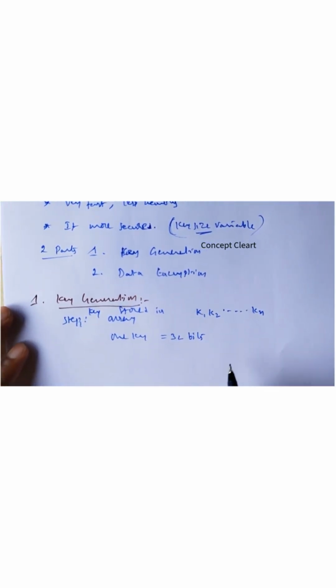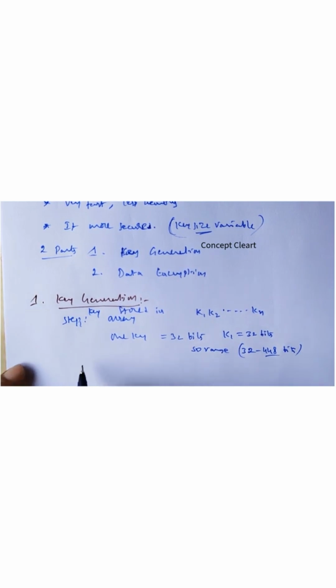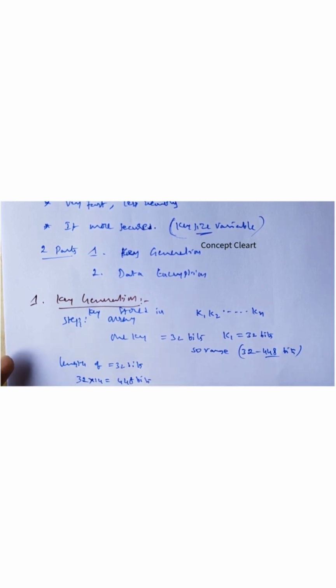Don't get confused: K1 equals 32 bits. So the range is 32 to 448 bits. If you divide by 32 bits, the length of each block is 32 bits, so 32 into 14 gives 448 bits. We can take a key between the range of 32 to 448 bits.